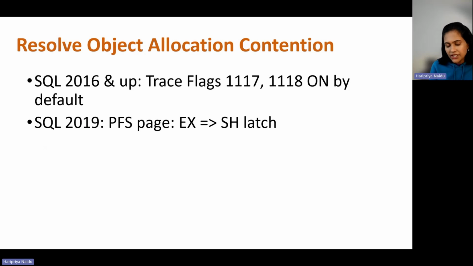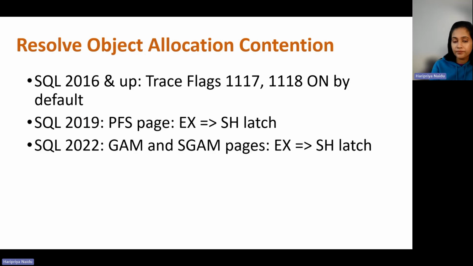Now those operations don't have to wait in line anymore to get the latch, because all those exclusive latches or the update latches have been updated to a shared latch. Now all those operations can share the latch onto that page. So there is no contention on the PFS page anymore starting 2019. You will still see GAM and SGAM page contention on 2019, but you will not see PFS page contention. So one part is resolved.